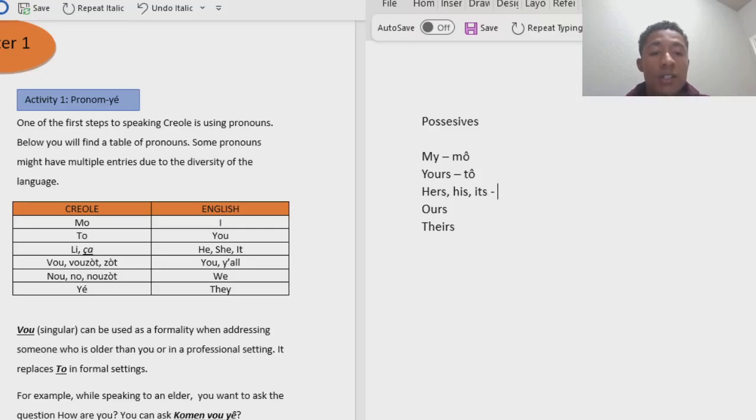For hers, his, and its, it actually changes completely. You wouldn't use li as you might assume, as you do sometimes see folks who are beginners or who are coming from a different Creole language. They want to use li. They might use it in the Haitian way, behind the noun, or before the noun. Li is incorrect.